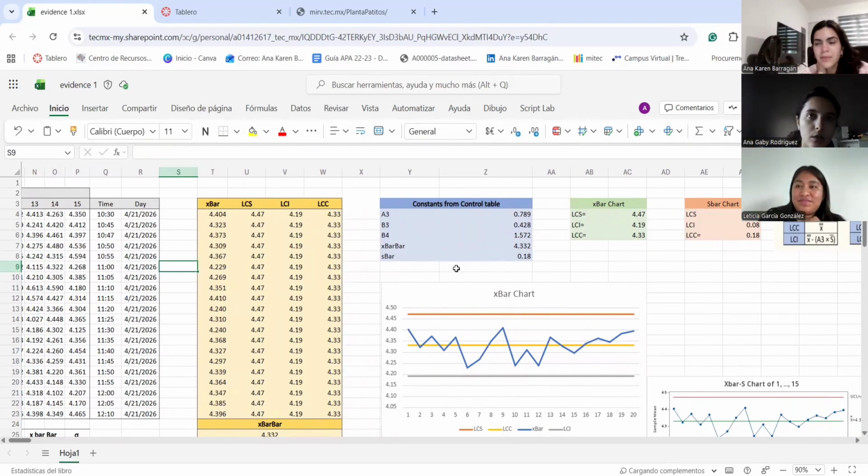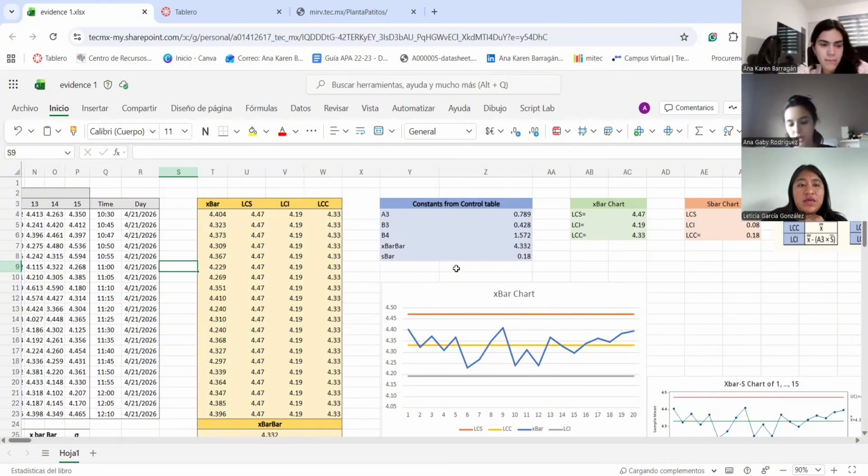CPK then shows how centered the data is in the capability analysis? Which one shows how centered it is? Do you remember? I think CPK. Yes, I think so too. And what does CP explain then? One is how centered it is, and one is how it fits.